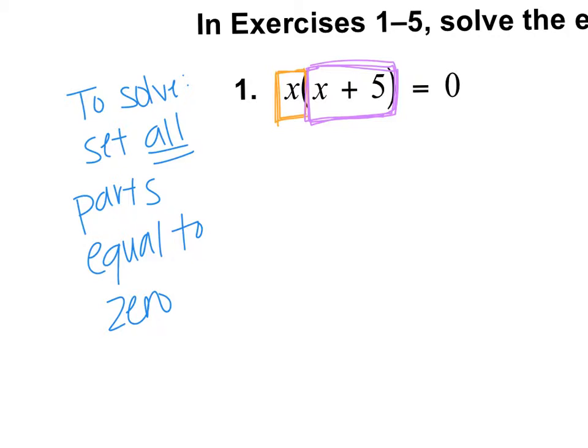All right, so our orange part is x, right, and there's nothing else to it. So we get x equals 0, and that would actually be our first solution, x equals 0. Okay, so that one they kind of solved for us pretty easy. All right, what's our second part we already came up with? We have x plus 5, right? That's our second part. So now I must set x plus 5 equal to that 0. How do I get 5 by itself?